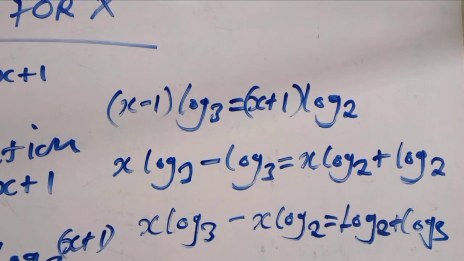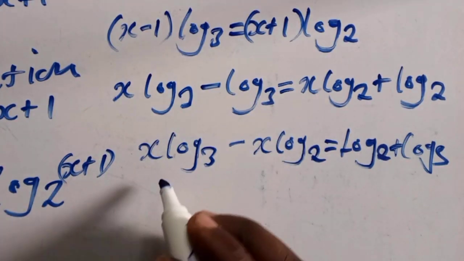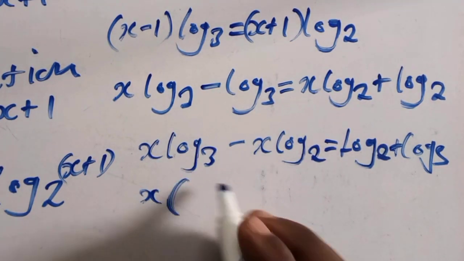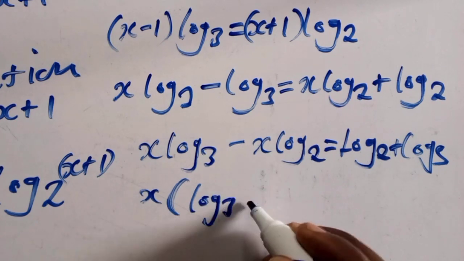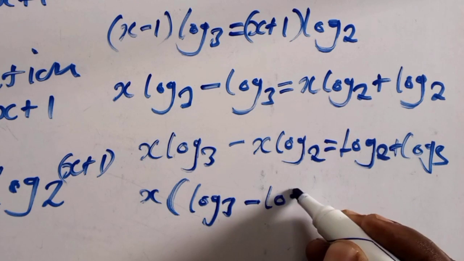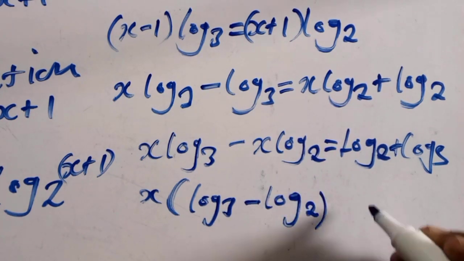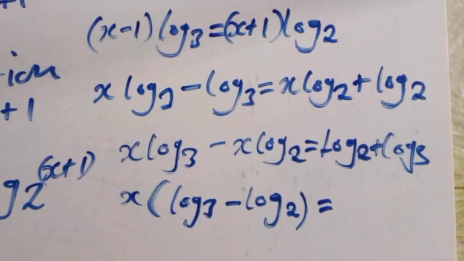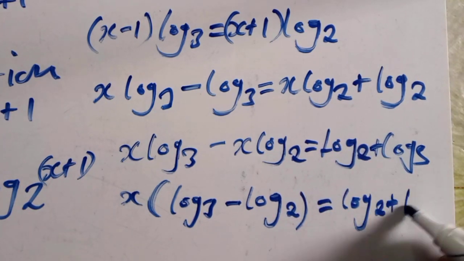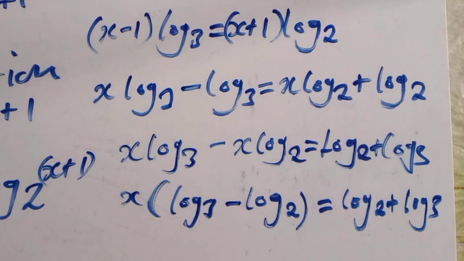So here, this is where you factorize now. What's common between x log 3 minus x log 2? Here it is x, if you can see. So we put x outside. X into x log 3 will remain with the log 3 minus x into x log 2 will remain with the log 2, which is equals to log 2 plus log 3.